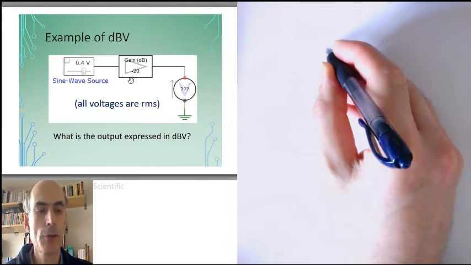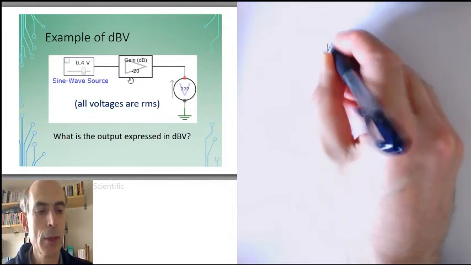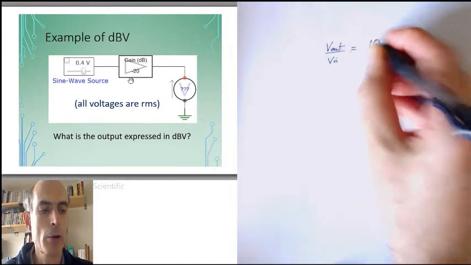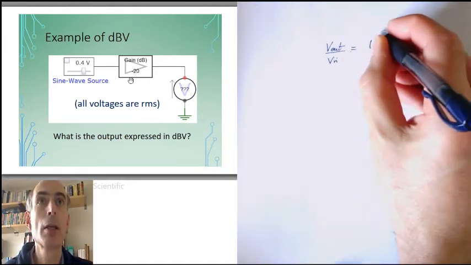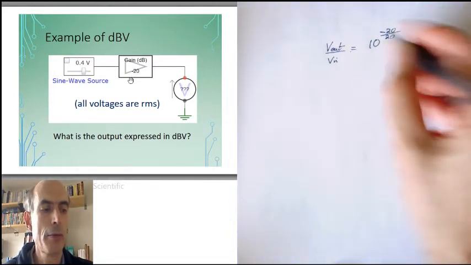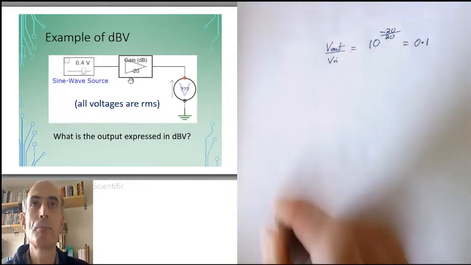We could do that by using the standard formula. V out over V in is 10 to the power of the gain in dBs, in this case minus 20, divided by 20, and that works out to be 0.1.